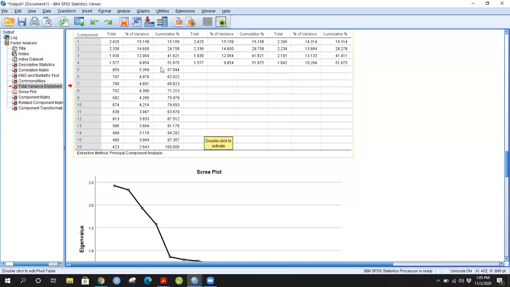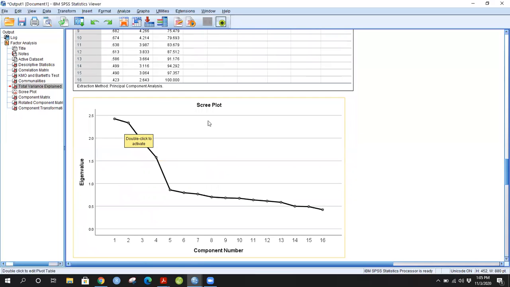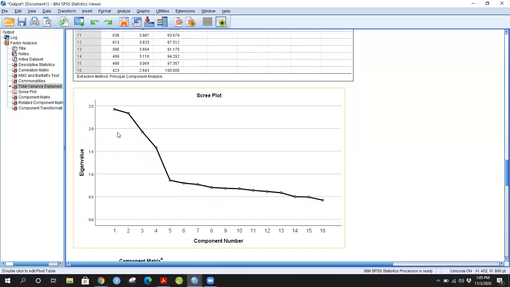On the basis of this table, they have plotted eigenvalue, that is this total column over here. So in the Scree plot, we have these 2 columns being plotted, where this becomes your y-axis and this is your x-axis. And we know the story. We are going to extract the number of factors till the point where eigenvalue is at least 1.